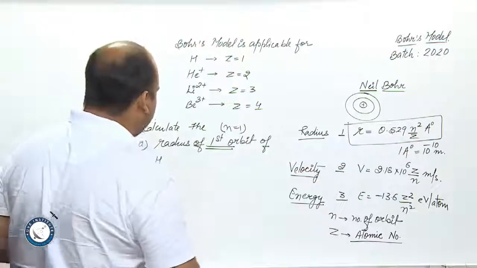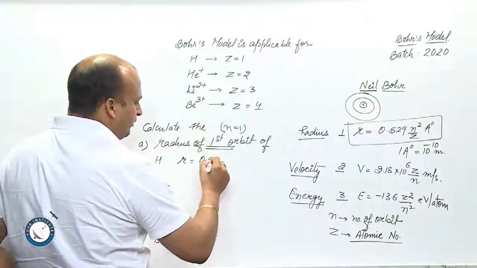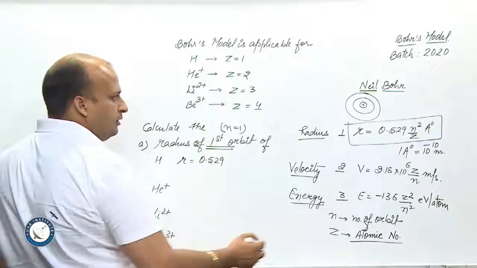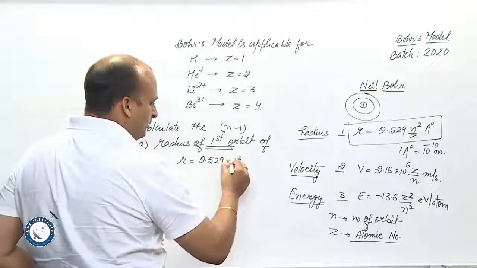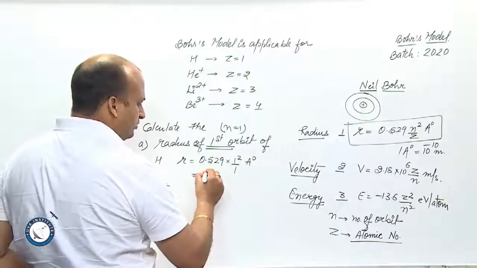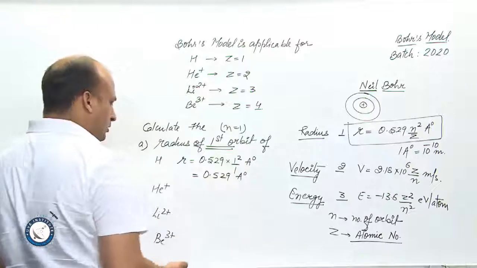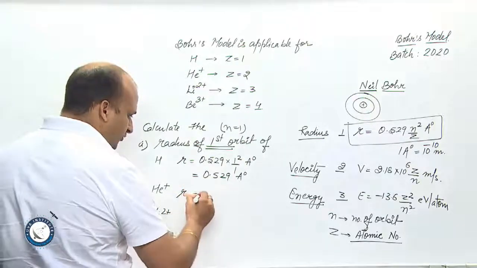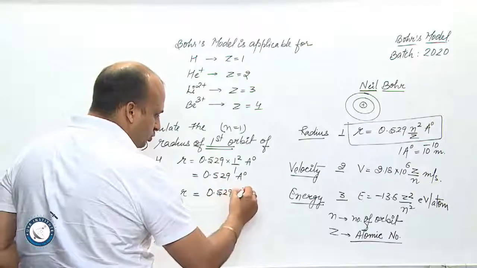Very good. So what do we get over here? R is equal to 0.529, this is n square by Z, so into 1 square by 1 angstrom. So this is 0.529 angstrom. For He plus, this will be 0.529 into 1 square by 2.